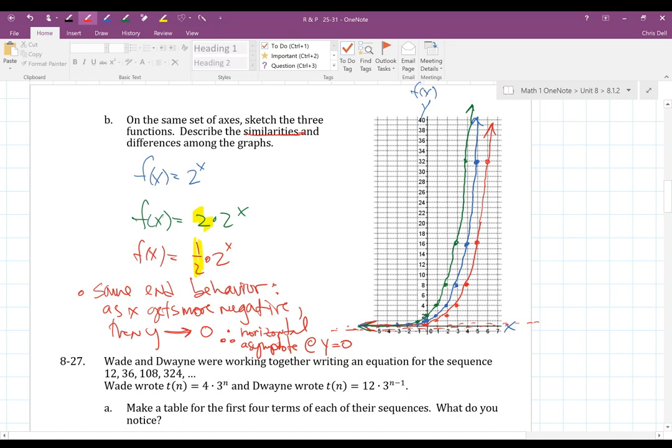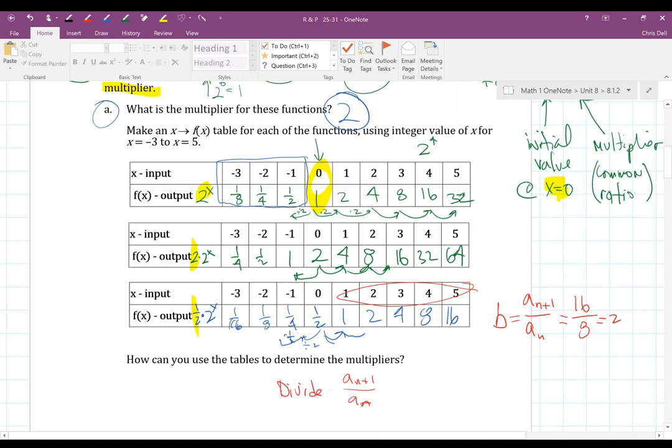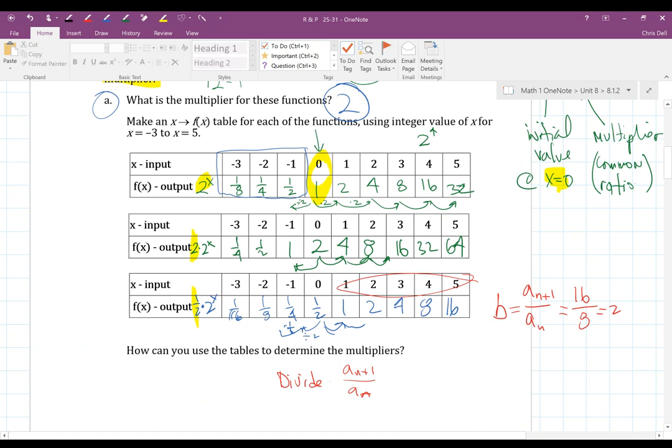We'd also see that it's got the same steepness, right? Because it just shifted over in a sense, same steepness. Okay. All right. So I think that's good enough for right now. So there we have it. You've got your graph, your tables, and your descriptions. All right. Hope that helps.